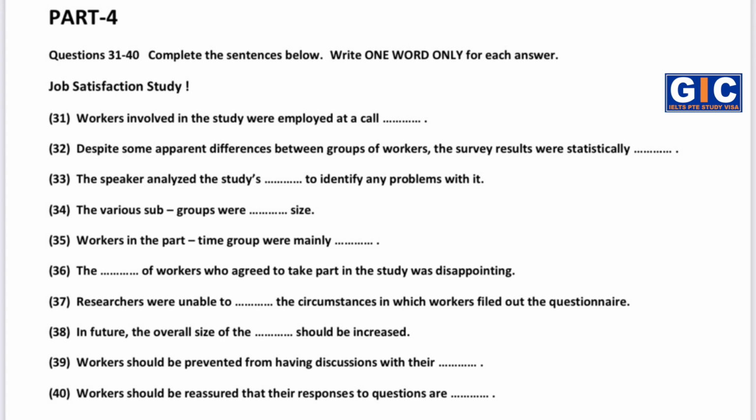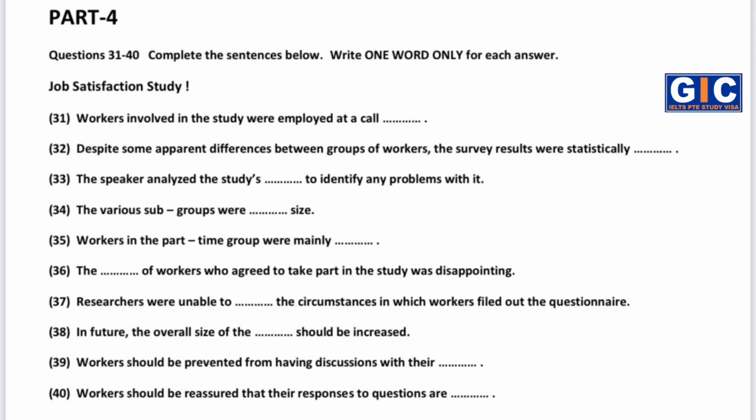So I then looked more carefully at the methodology employed by the researchers to see where there may have been problems. This is what I found. First of all, the size of the sample was probably too small. The overall total of workers who took part in the survey was 223, which sounds quite a lot, but they had to be divided up into subgroups.